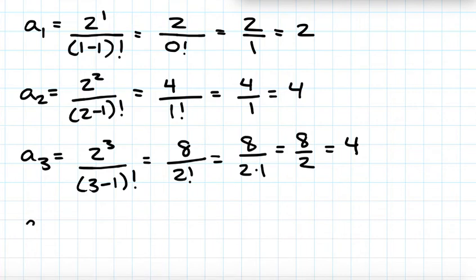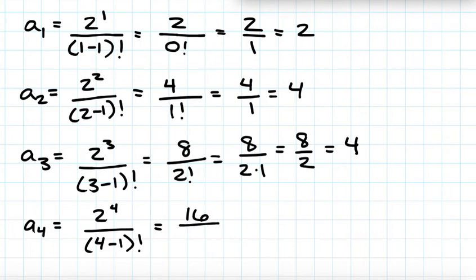Lastly, we want to do the fourth term here. So plug in 4 for n. 2 to the fourth is 16. And 4 minus 1 is 3. So this is going to be 16 over 3 times 2 times 1. 3 times 2 times 1 is 6.